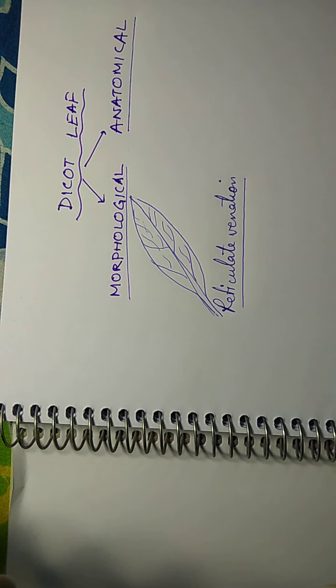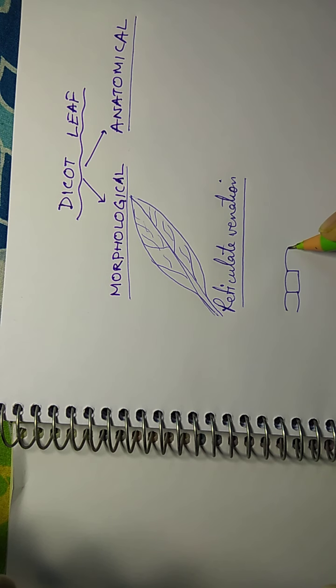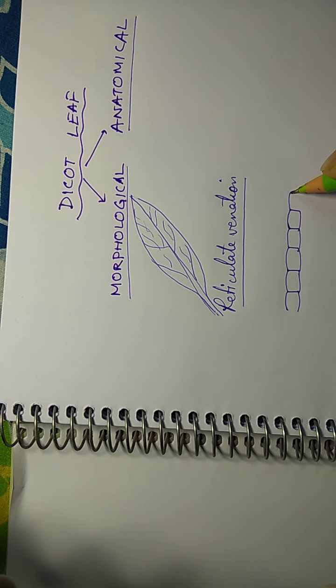While exploring the interior of a leaf, we generally go for the TS of a leaf. Let us first discuss the leaf of a dicot plant. We find some isodiametric cells as the first layer of cells. These isodiametric cells have thin walls, a prominent nucleus and abundant cytoplasm.